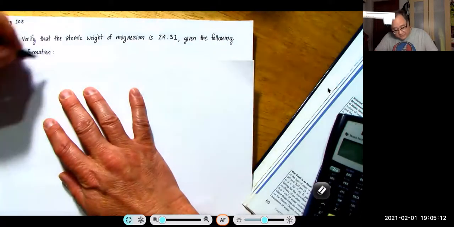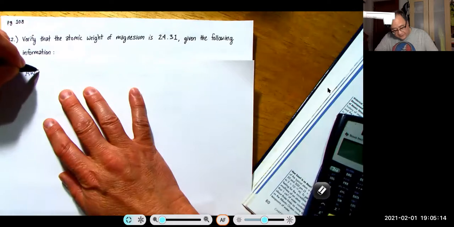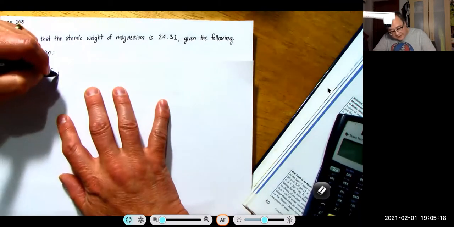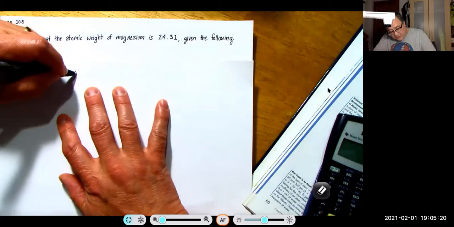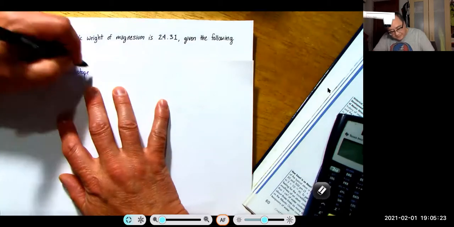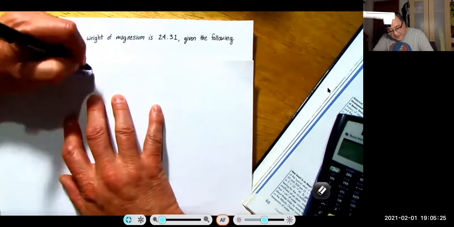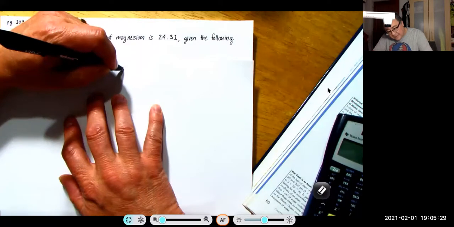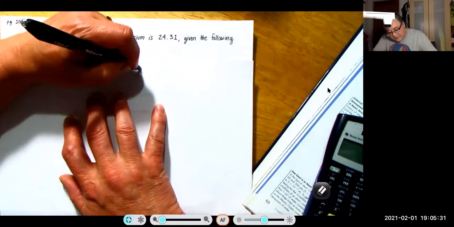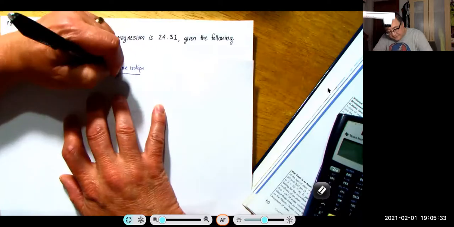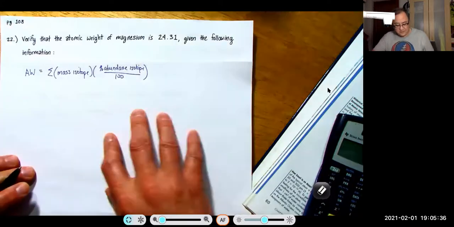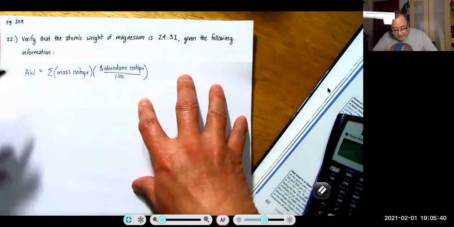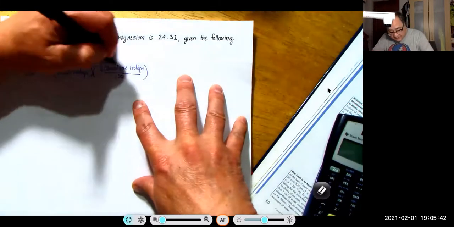So AW, atomic weight, is equal to the sum of the mass of the isotope times the percent abundance of the isotope divided by 100. If this question were asked on the exam, I would definitely expect to see this as part of your answer.